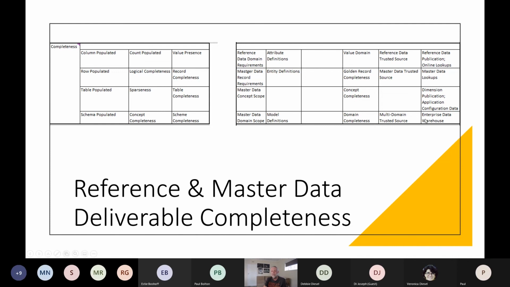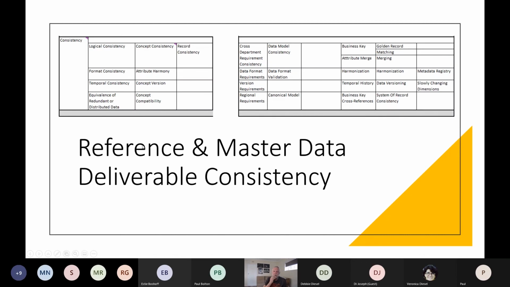And when we look at a schema, we can actually build our enterprise data warehouse with all of the data that's sitting within the domain. So that's how I would check my data service. Are we able to publish all the master and reference data to our enterprise data warehouse? Are we complete at a schema level?